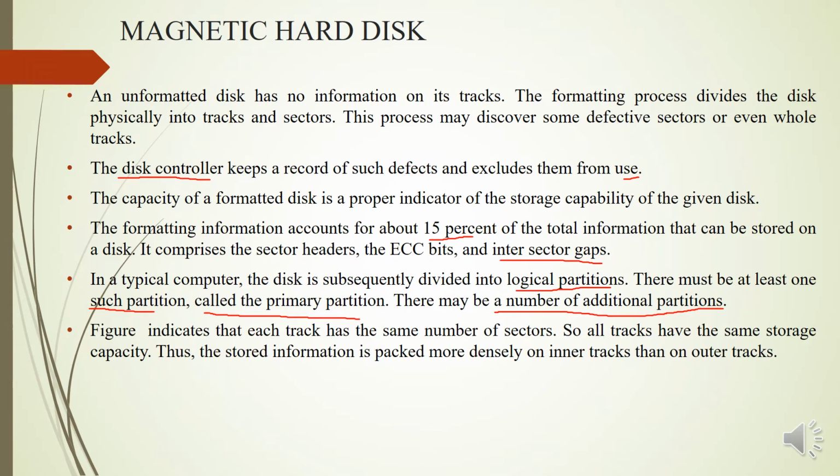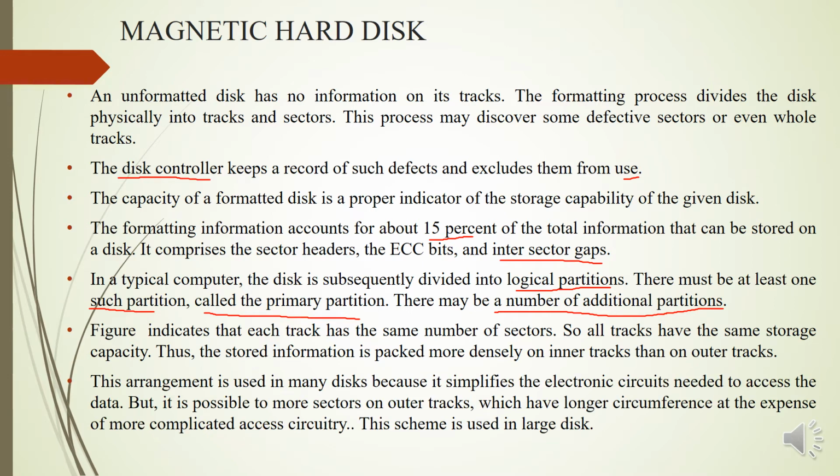From the figure, it is clear that each track has the same number of sectors. So, all the tracks have the same storage capacity. Thus, the stored information is packed more densely in the inner tracks compared to the outer tracks.